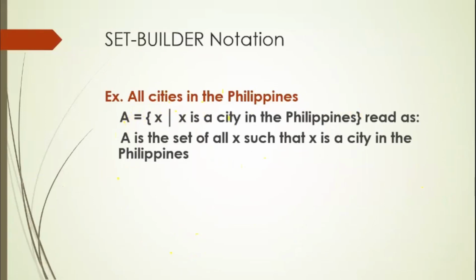So how are we going to read it? One way of reading this is: A is the set of all x such that x is a city in the Philippines.